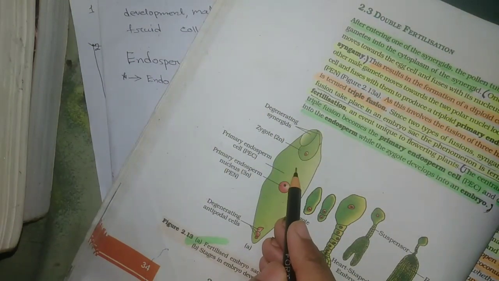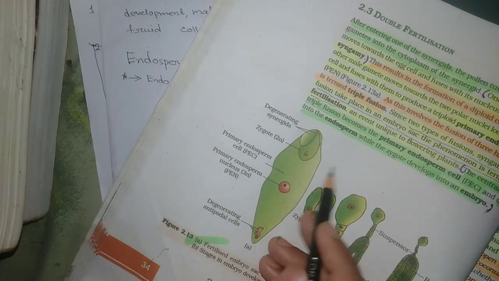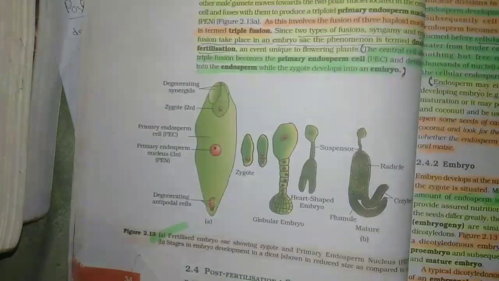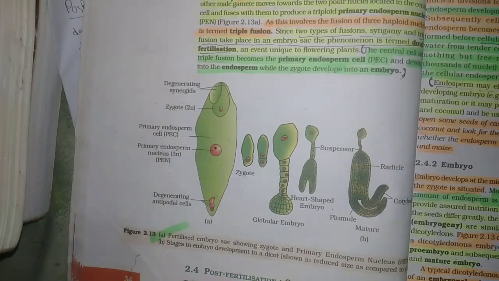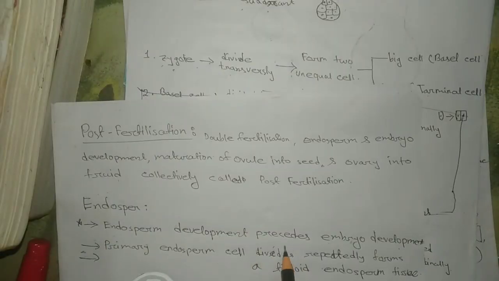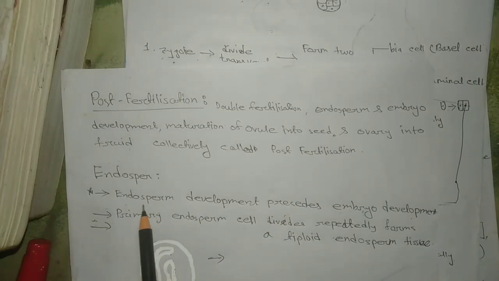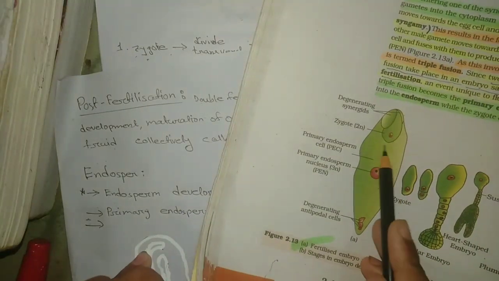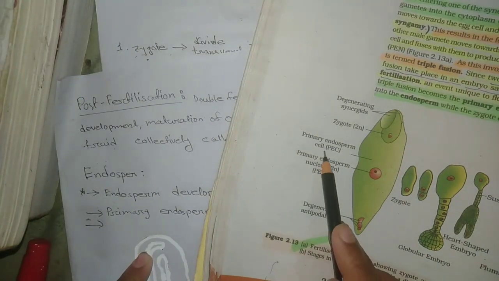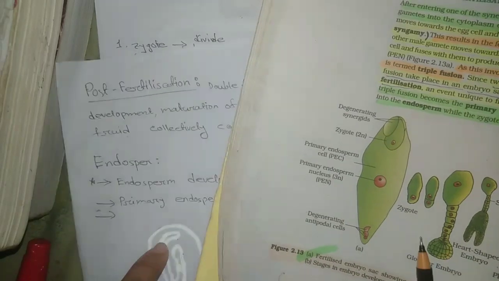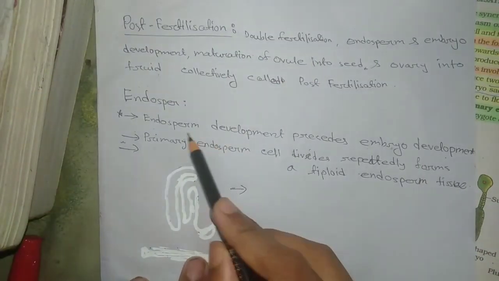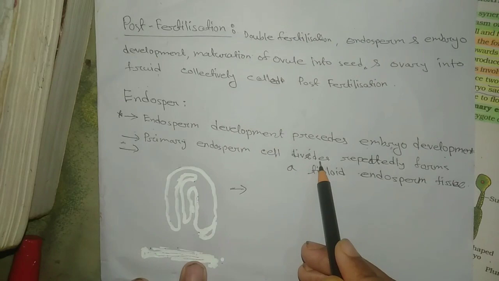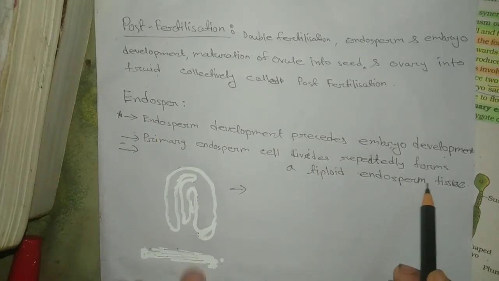This whole cell gradually develops and the embryo forms. The primary endosperm cell divides repeatedly and forms a triploid endosperm tissue.